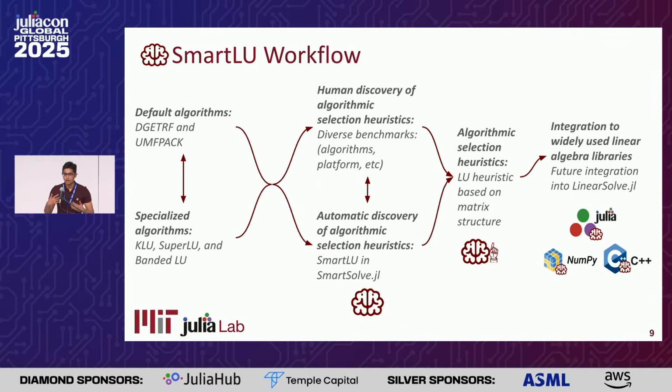An example of how this would work for LU factorization: there exist two default algorithms for LU factorization and some more specialized algorithms that work better for particular types of matrix patterns. We want to see how we can choose which algorithm to use for LU factorization based on the input we provide. So we run our benchmarking and discovery process by running each of the inputs for each candidate algorithm we're dealing with.